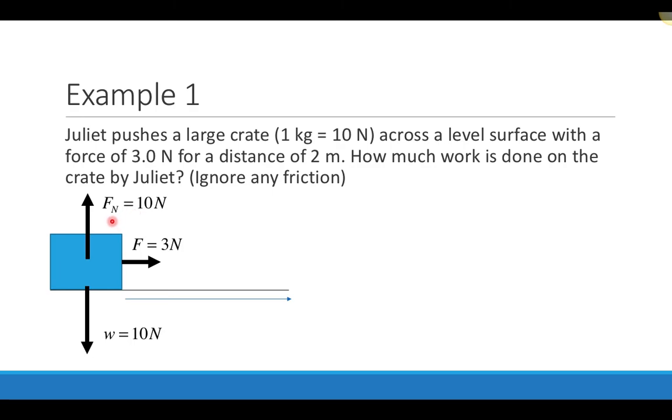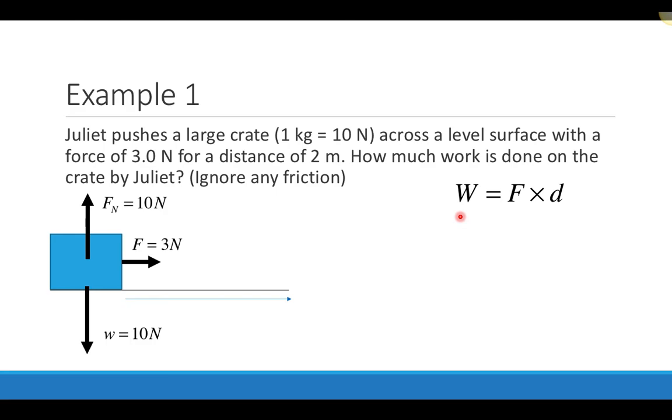Now, in our example, this normal force is going to exactly equal the weight because the crate is only moving along the horizontal direction, and so in the vertical direction, those forces are going to have to cancel. There's no acceleration or movement in the vertical direction. So the normal support force and the weight cancel each other out, and the net force on this object is this 3 newtons, which is acting to the right.